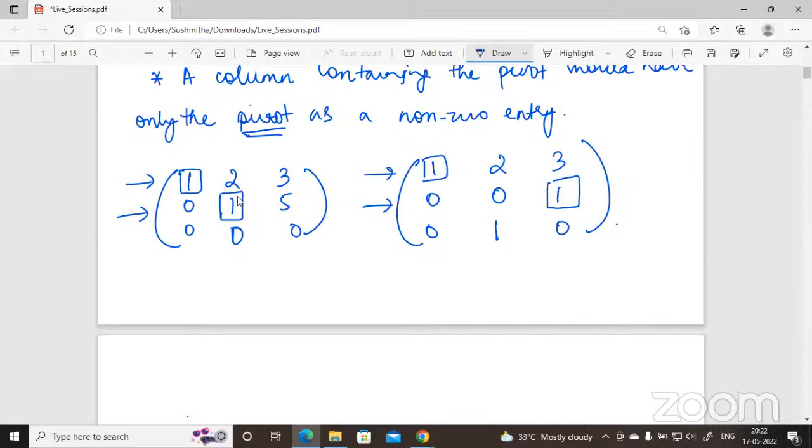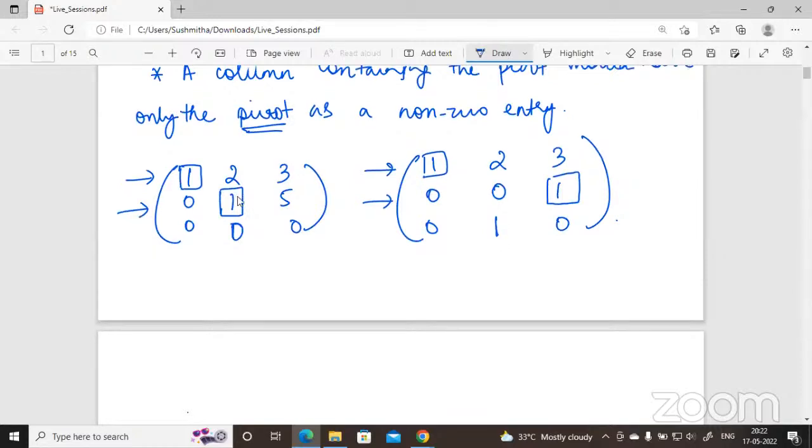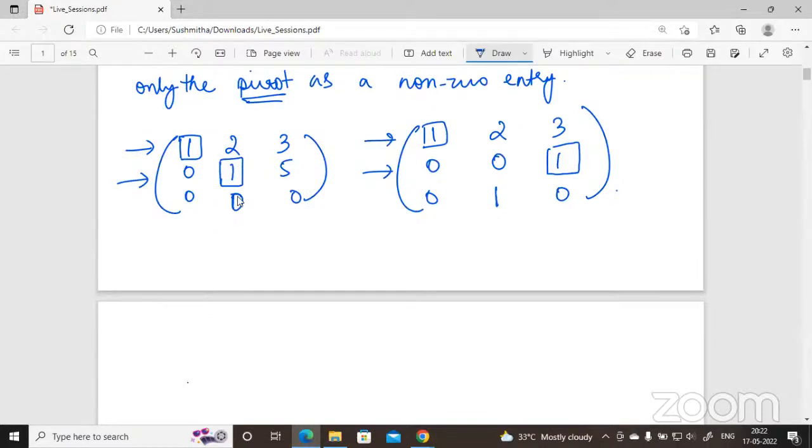It depends on what your right hand vector is. Suppose you have an augmented matrix. In the last row, you find that the first 3 column values are 0 and the last entry has some value.